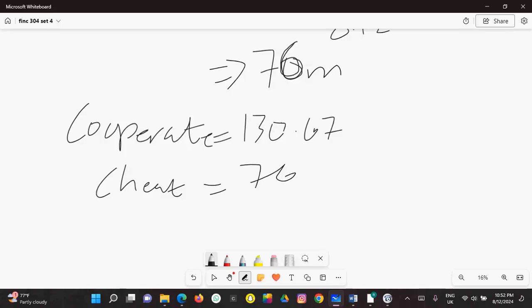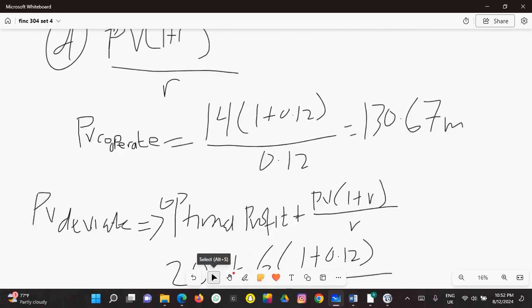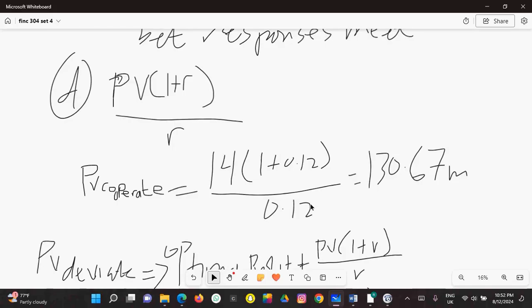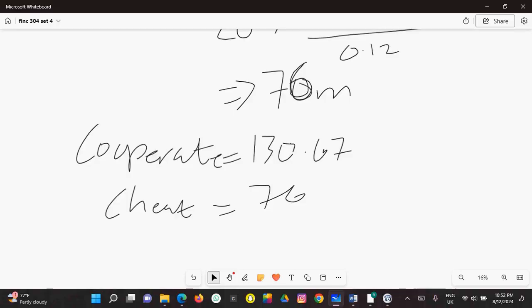So what we just did was bring all the future cash flows to the present. Now we realize cooperation is 130 million, and then cheat is 76 million.